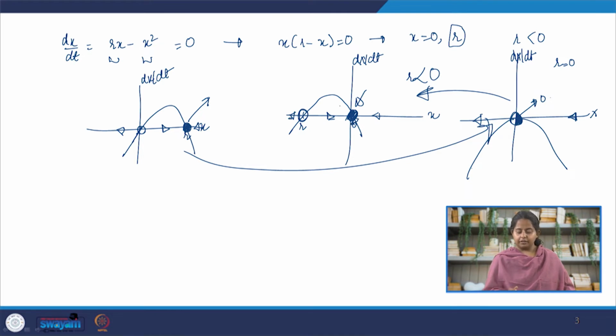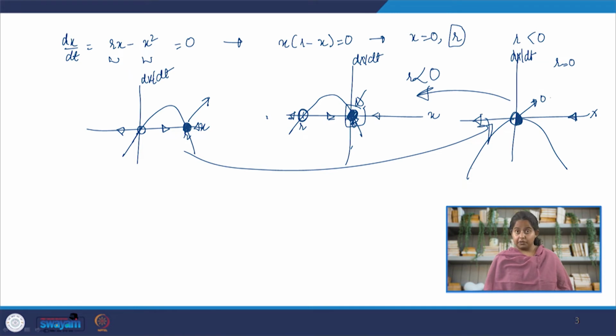The other fixed point moves to the other side of your coordinate axis, and the stabilities switch. This kind of system is known as transcritical bifurcation, and this is the kind of system that we see a lot in our environmental systems. So, what we notice here is that x equal to 0 is a fixed point that we never lose.